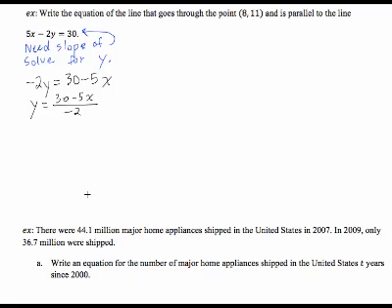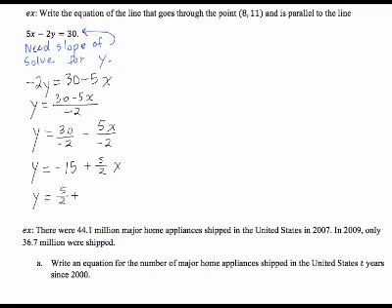To write this in slope-intercept form, we need to split this into two separate fractions, 30 over negative 2 minus 5x over negative 2. I'm just un-adding the fractions. And then simplify from here. 30 over negative 2 is minus 15. These negatives combine to be positive, and let's just write that as 5/2 times x. And there it is, slope-intercept form: 5/2 x minus 15.